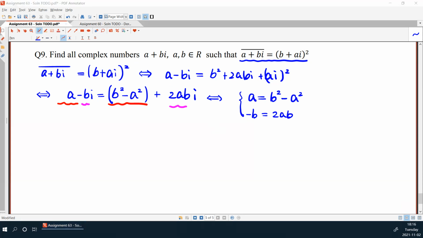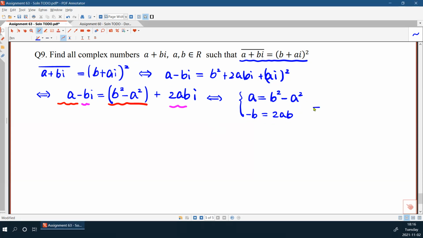Okay, so that means we have again a system of two equations, right? So let's try to solve this system of equations. The first equation gives us a squared plus a minus b squared is 0. The second equation states that b plus 2ab should be 0, right?